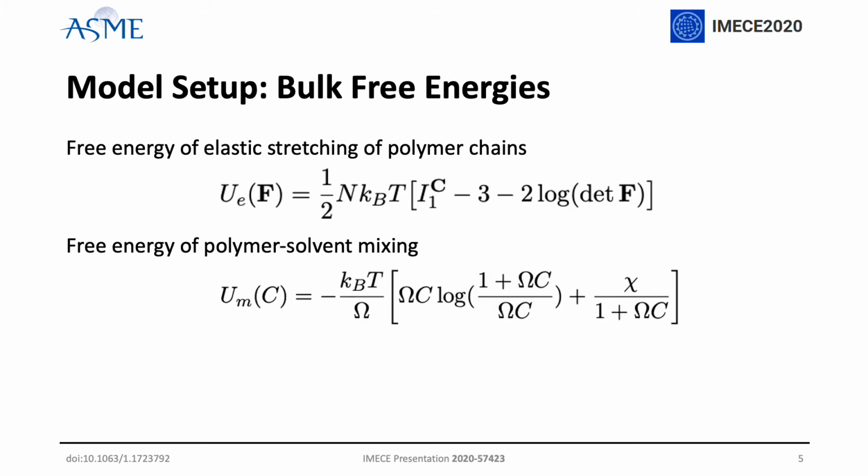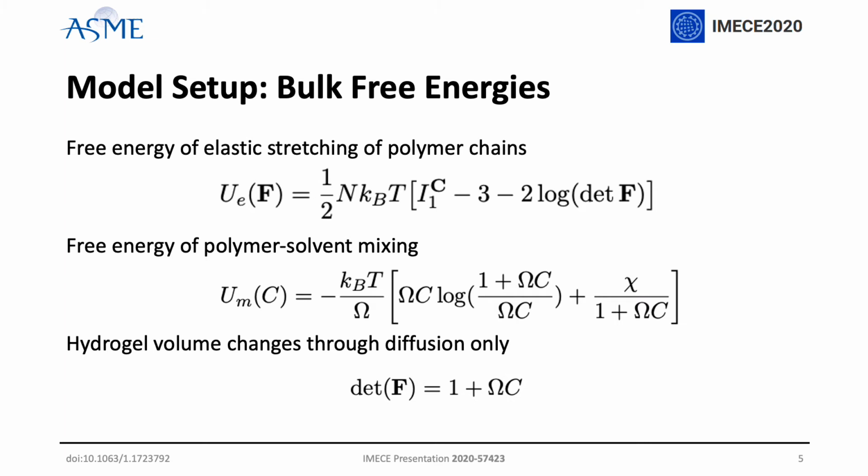The free energy of polymer-solvent mixing is defined where omega is the volume of a solvent molecule and the Flory parameter is given as chi, governing how likely solvent molecules are to enter or leave the hydrogel. We assume that the hydrogel volume changes only through solvent diffusion, considering that the hydrogel constituents are individually incompressible.